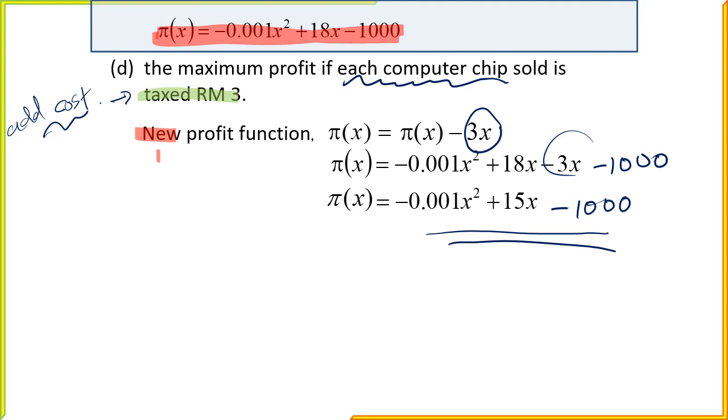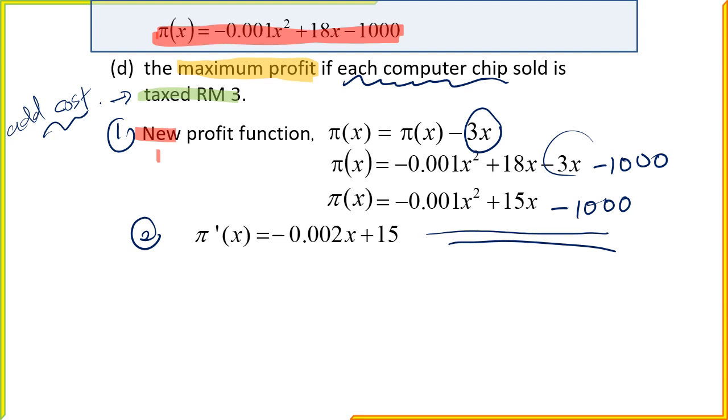So in order to get the maximum profit, we need to do the same step as question C lah, right? So we need to find pi prime x, which is equal to differentiate. So first step, we have the new profit function. Second step, we have to find pi prime to get the value of x, because we need to equate to 0.